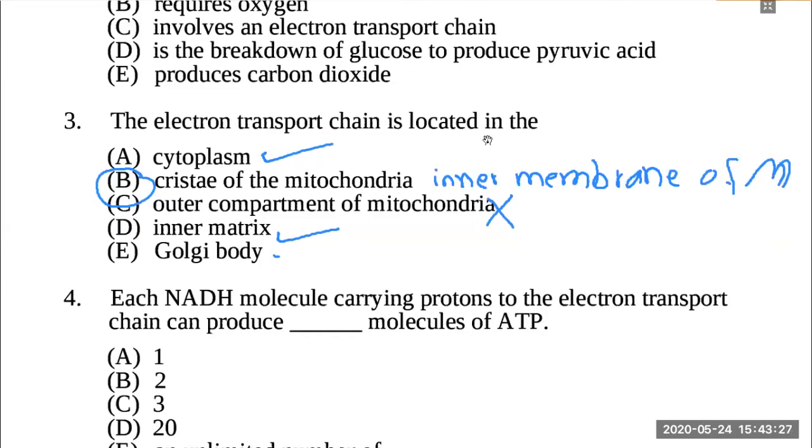So it does not have any relation with the electron transport chain. So the answer for the question is B. Cytoplasm and inner matrix are also not related to the answer of the question. So I hope it's clear. Now let us move to the fourth question.